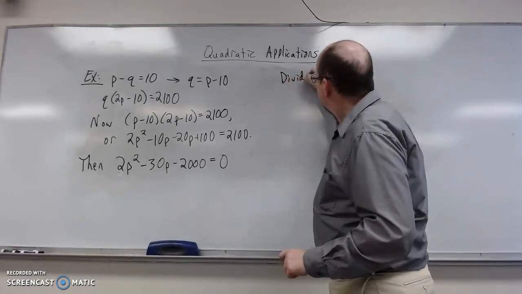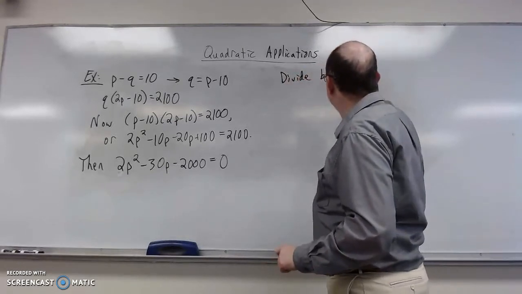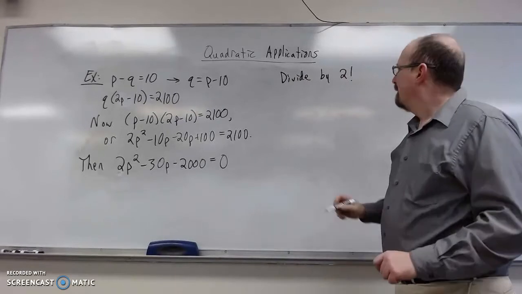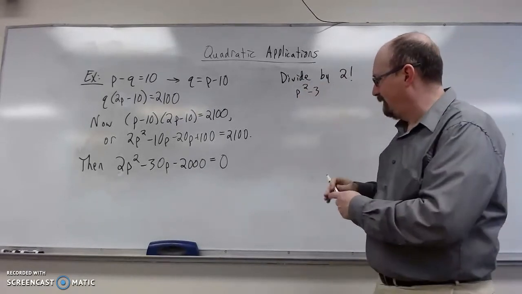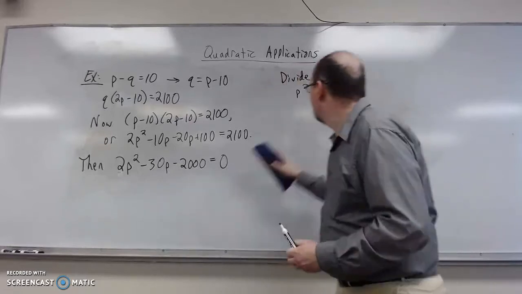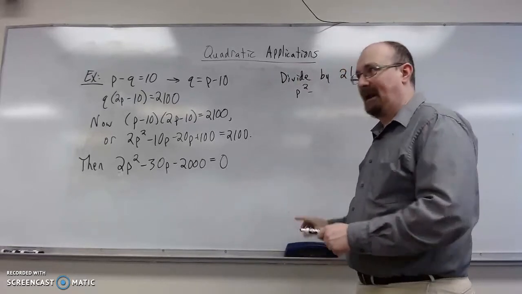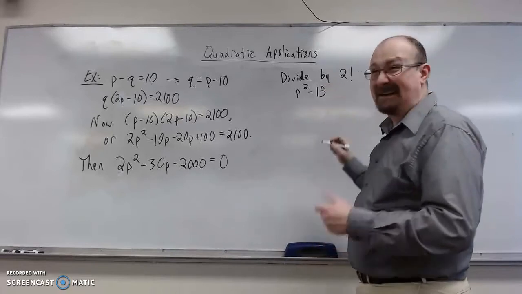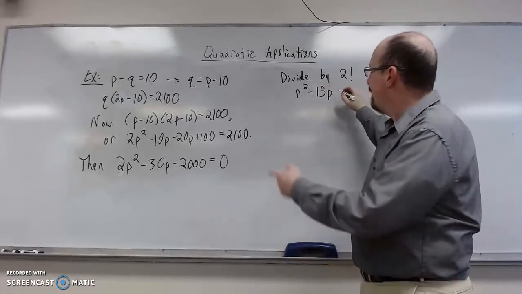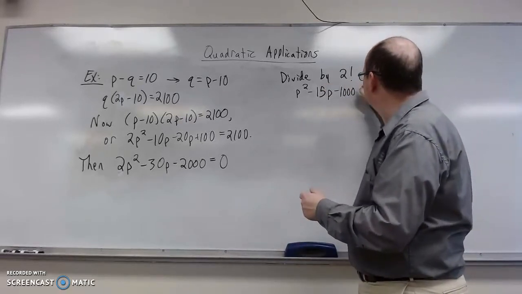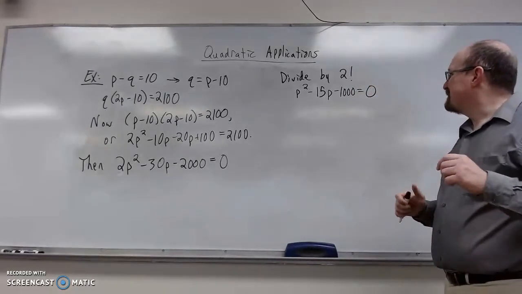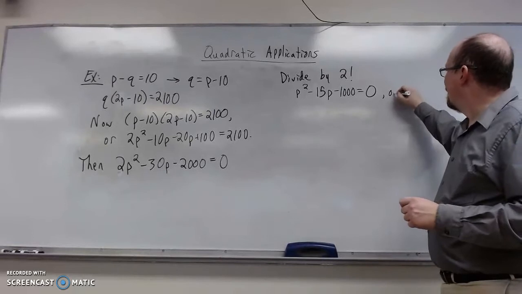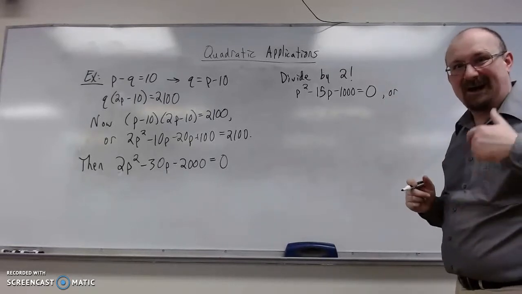But if I divide by 2, that gives me P squared minus 15P, not 30P. I was about to forget to divide all my terms. Then I get minus 1000 equals 0. Now, as it turns out, again, if you wanted to use the quadratic formula here, I totally get it.